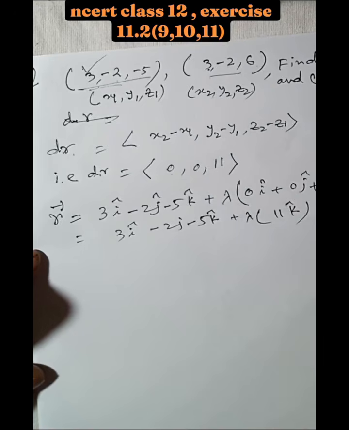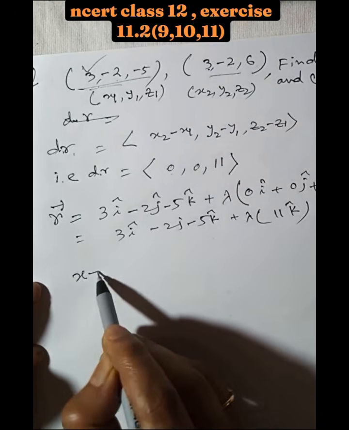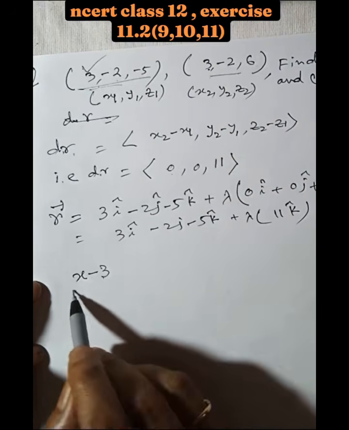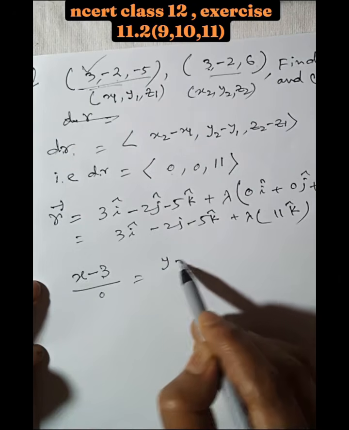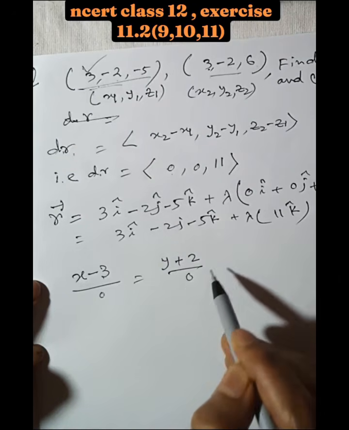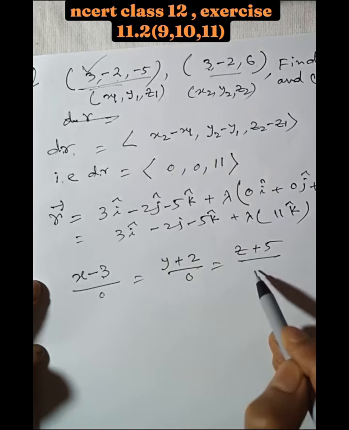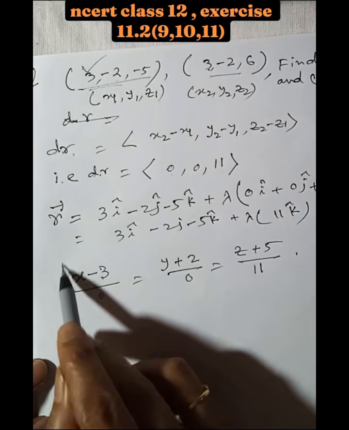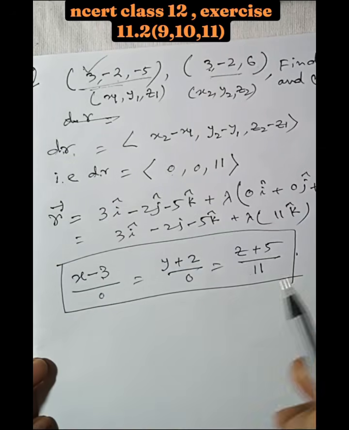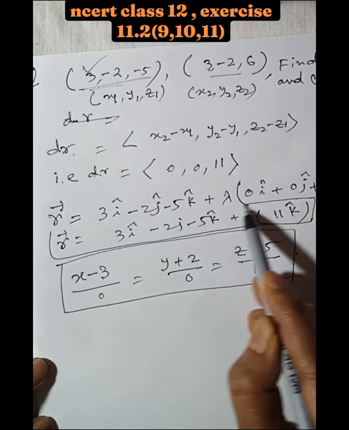This is the vector equation, and now we find the Cartesian equation: (x minus x1) divided by 3, (y minus y1) divided by the direction ratio, (z minus z1) by 11. This is our Cartesian equation and this is our vector equation of the given line.